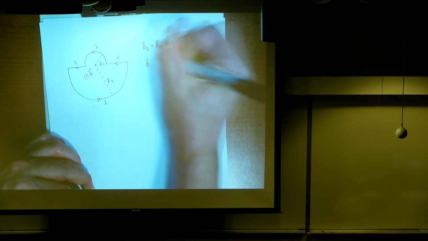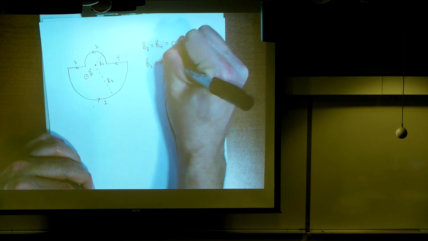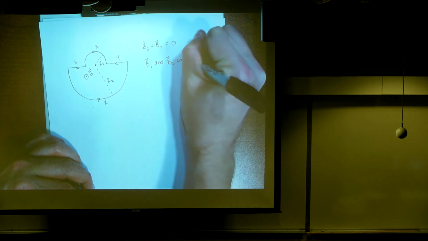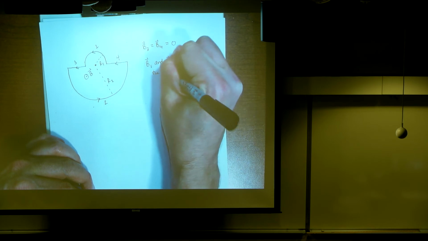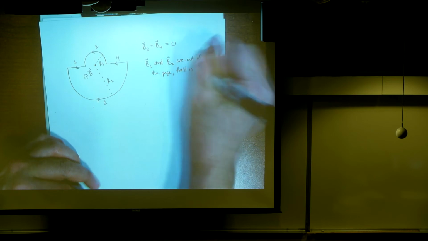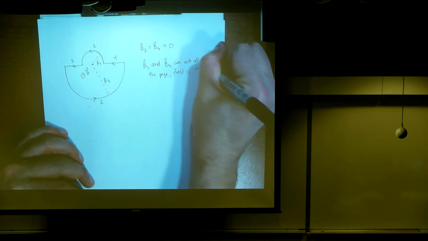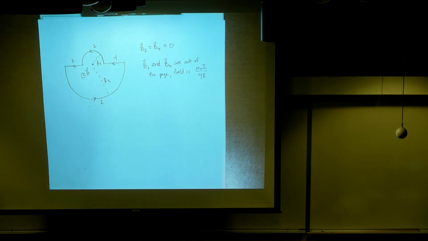And again, I just showed you that B1 and B2 are out of the page. And the B field is going to be given by mu naught times I divided by 4R, using the previous result from the last problem, okay?